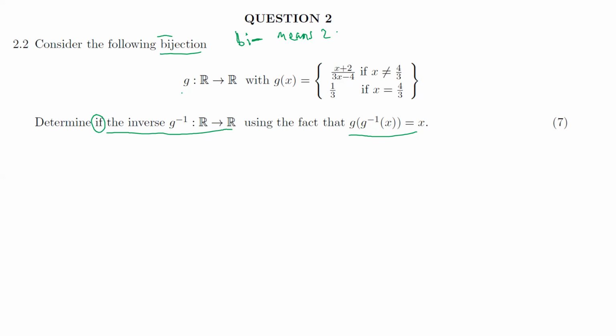But obviously, this is a bijection. I want to speak about bijection. Bijection means one-to-one and onto. Onto means we have a surjection. Okay, we're going to discuss this at some point.